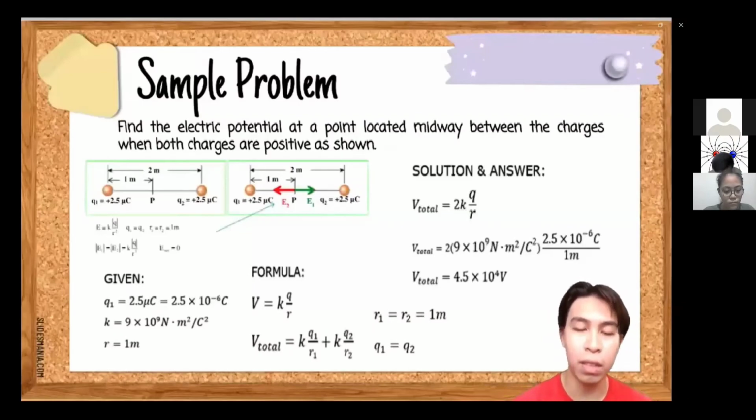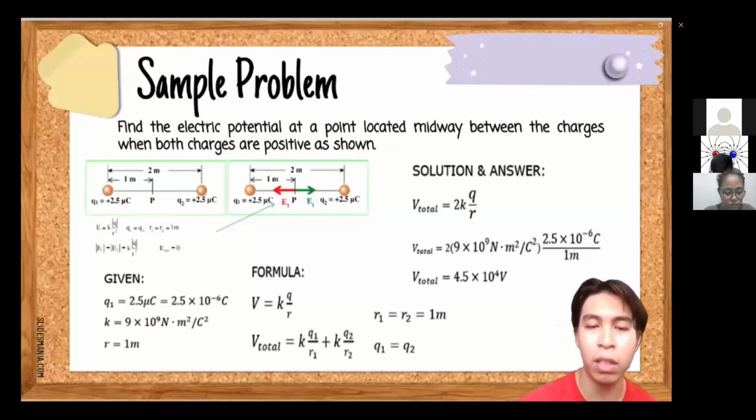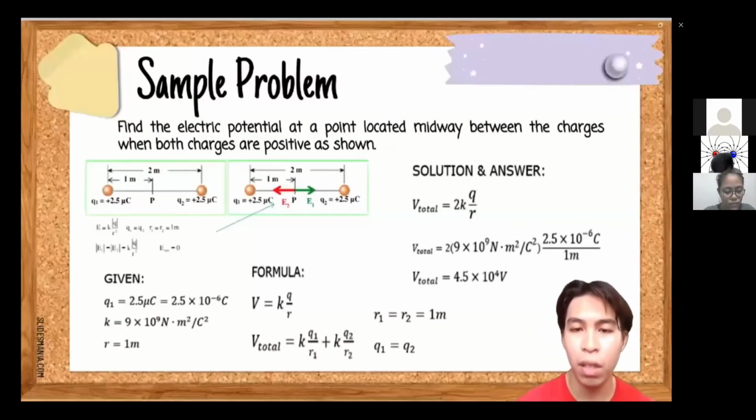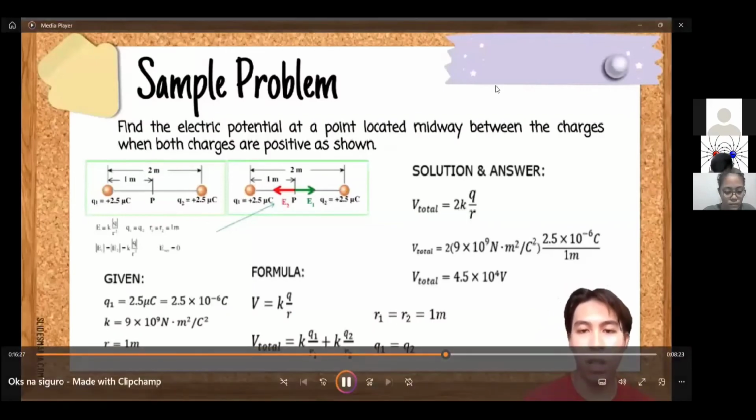And keep in mind that R1 and R2 are the same, which is 1 meter. And Q1 and Q2, which are the charges, they are the same. They're both positive 2.5 naman. That's why we are able to use this modified formula in a way.